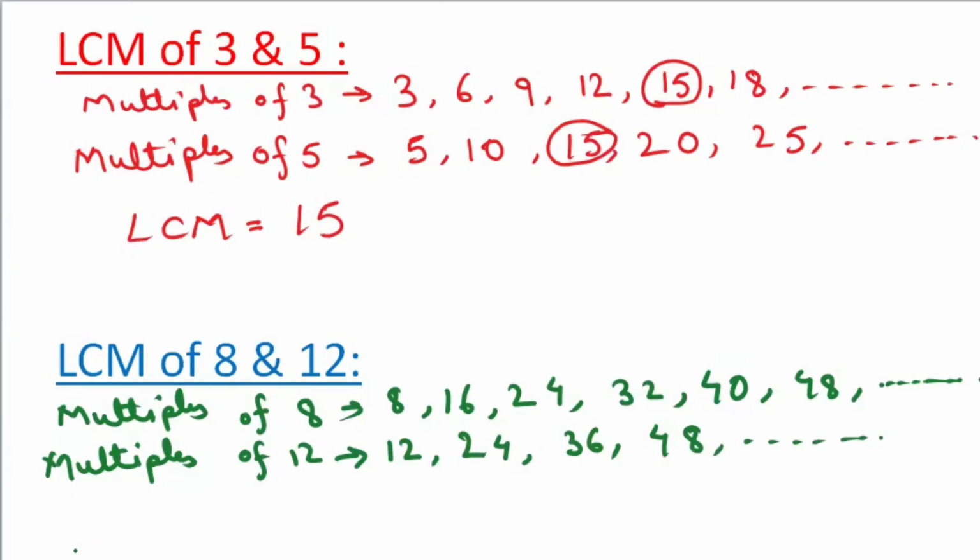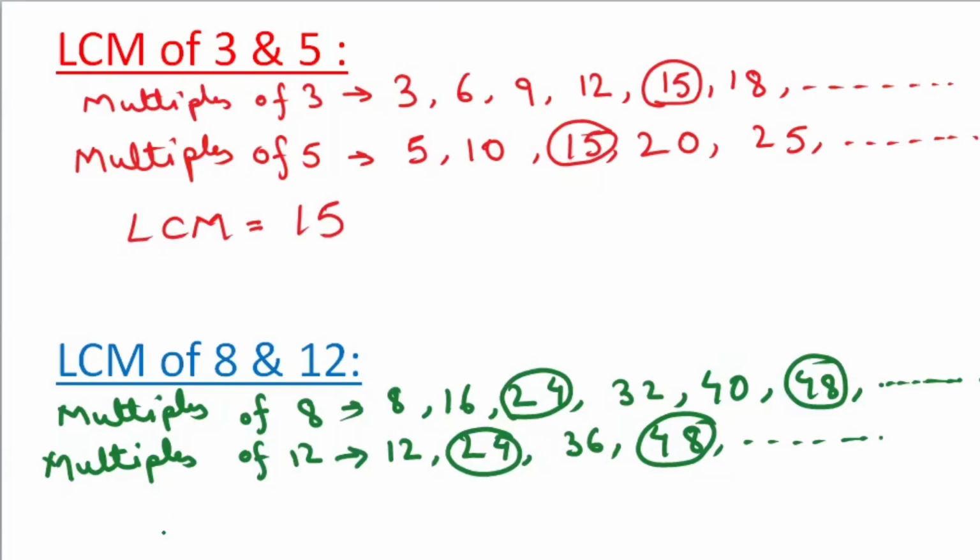Now, what do we have to do? We have to find out which numbers are common in both lists. Here, 24 and 24. Then we got another number, that is 48 and 48. Now, between 24 and 48, we have to see which number is the smallest. 24 is the smallest, then 48.